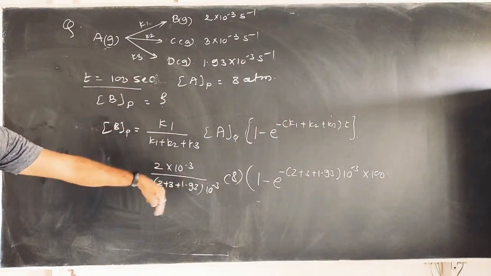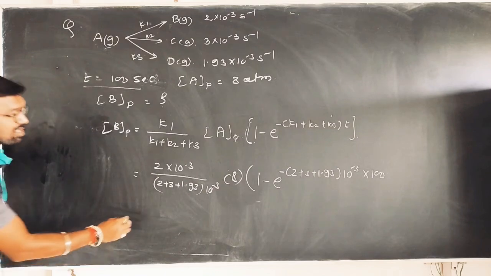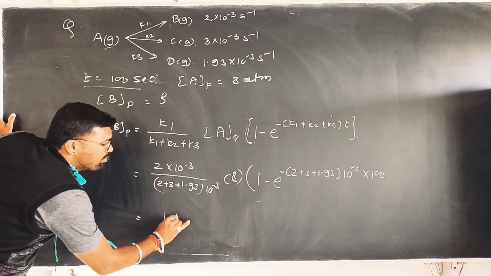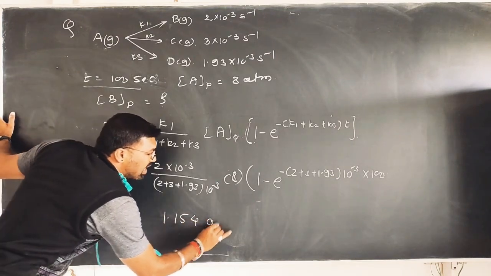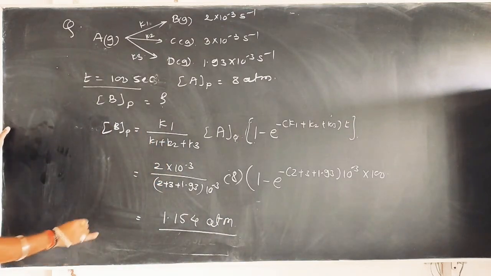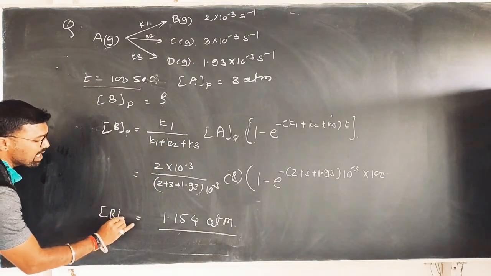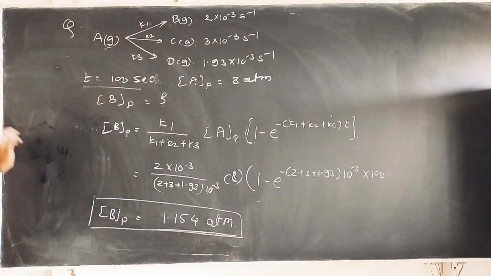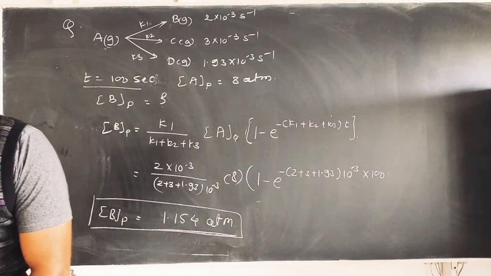By solving this with a scientific calculator, the final value is 1.154 atm. So the partial pressure of B after 100 seconds is 1.154 atm.